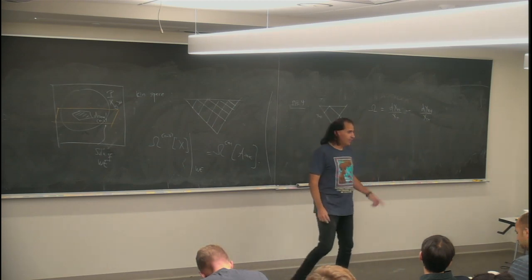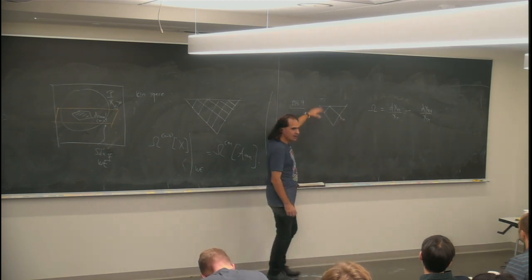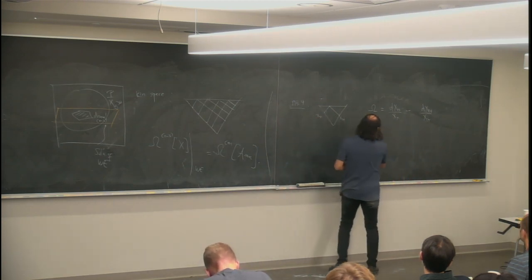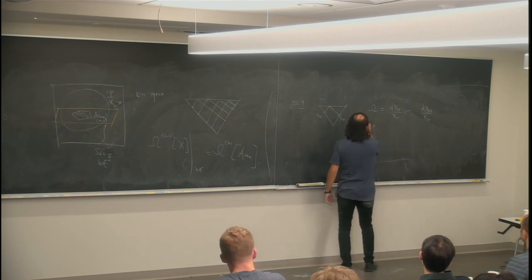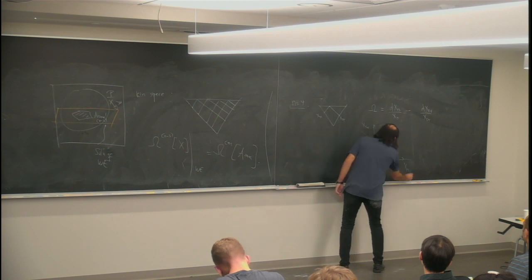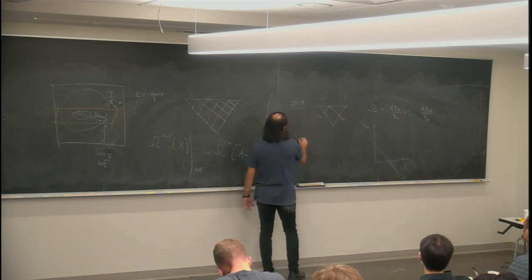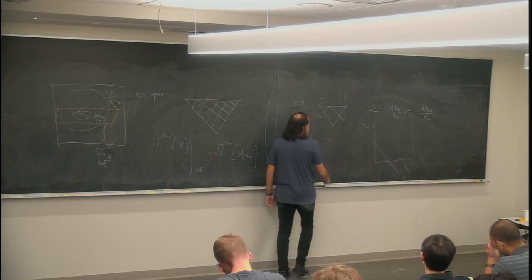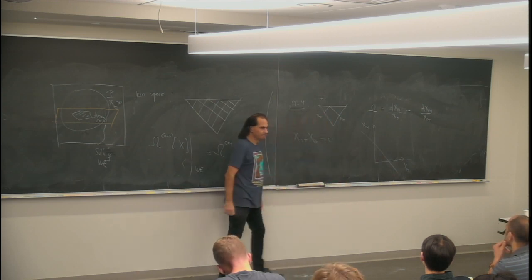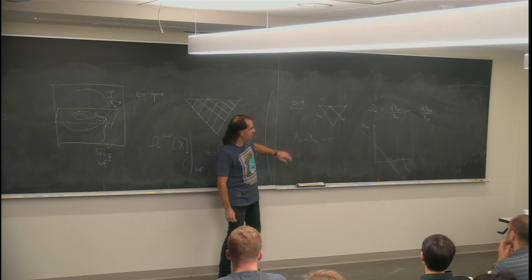But I claim that this form lives everywhere. It lives on x13, x24 space. So this is a two-dimensional space, x13, x24. But the solution of the wave equation is the constraint that x13 plus x24 is equal to this positive constant c. So this is the solution to the wave equation here.